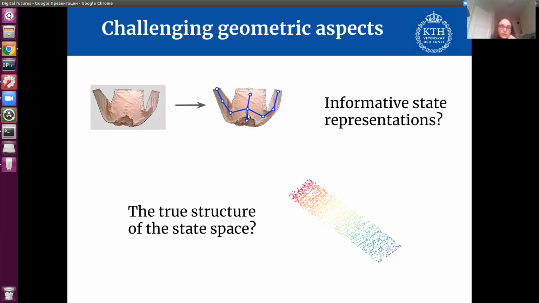In the case of a shirt, we can think of a skeleton or graph that is embedded in the shirt, and it represents its configurations so that it has sufficiently much information for the task of folding and unfolding, for example. So then the next question is, how can we define these efficient state representations, how can we extract them from data, how can we learn them, and then how can we use them for planning.